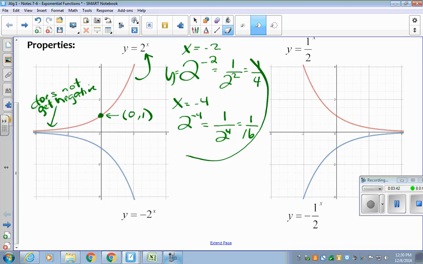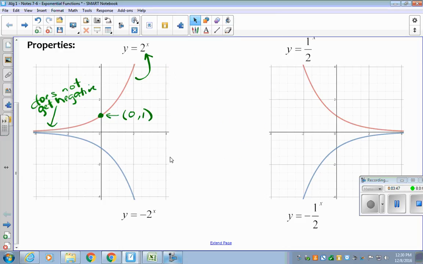Let's look at what happens when I put a negative in front of my 2 to the x. So this bottom graph goes with y equals -2 to the x.